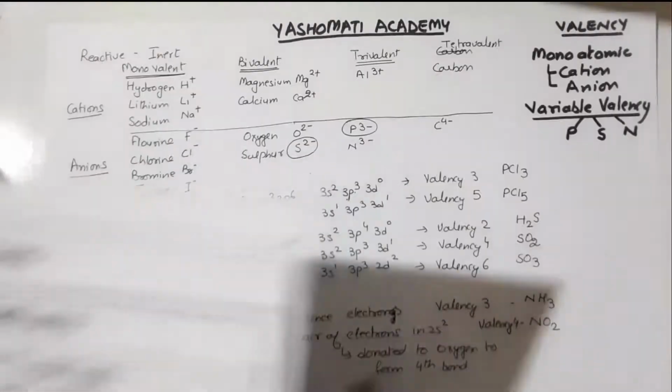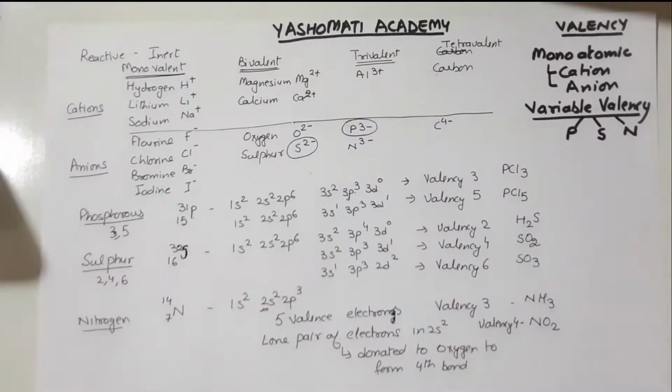So in today's class we have studied the concept of cation and anion, the concept of variable valency, and why phosphorus, sulfur and nitrogen, which fall into the first 20 elements, show variable valency. We have also taken some examples of compounds where we can see variable valency. In the latter part of the lesson, we studied other elements from the periodic table which show variable valency.